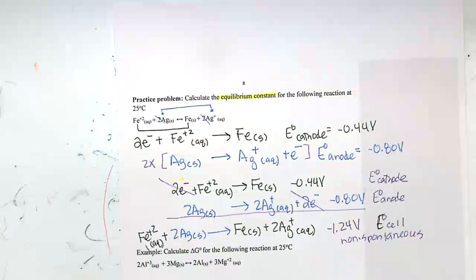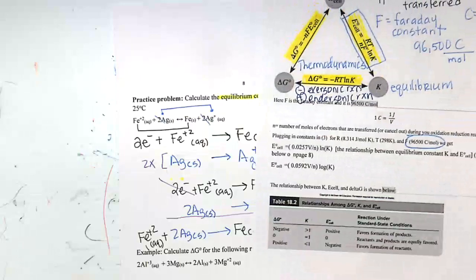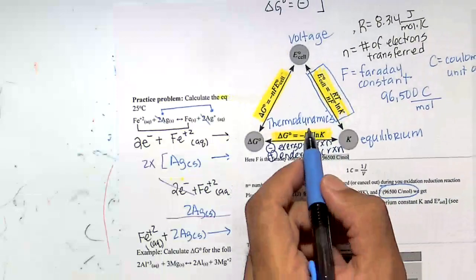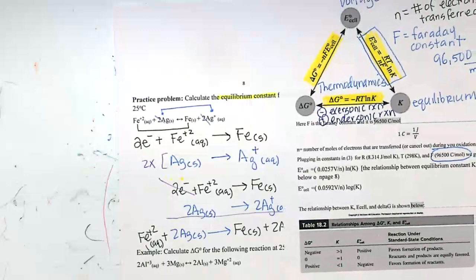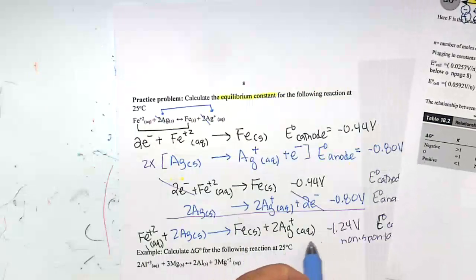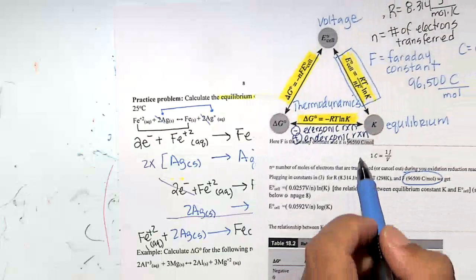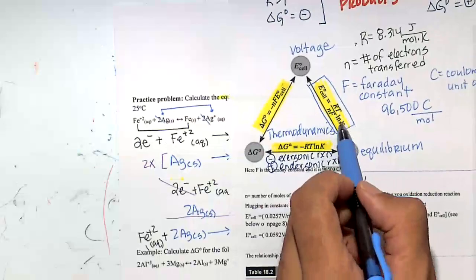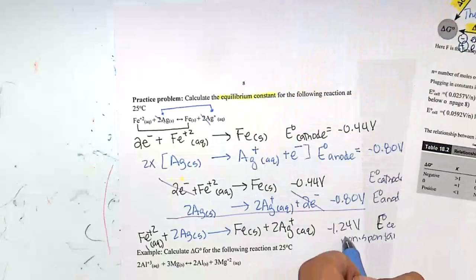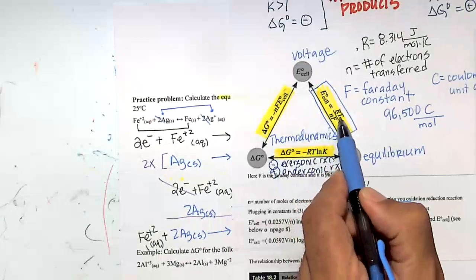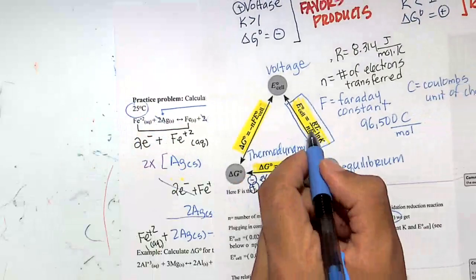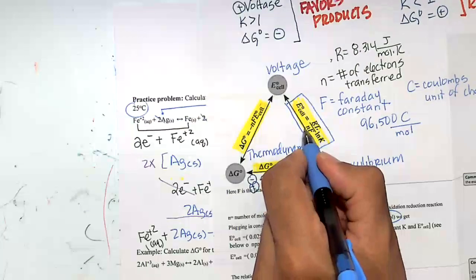All right, so how will we calculate the equilibrium constant? Which equation shall we use? We'll use this one. Okay, we got E cell, and then we got R as a constant, T is 25 degrees, and what is n?